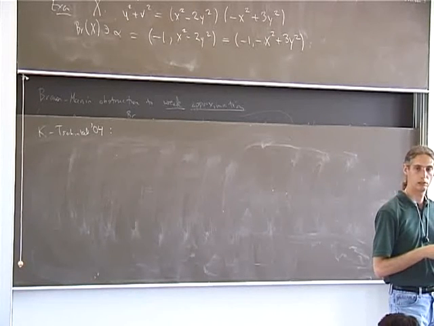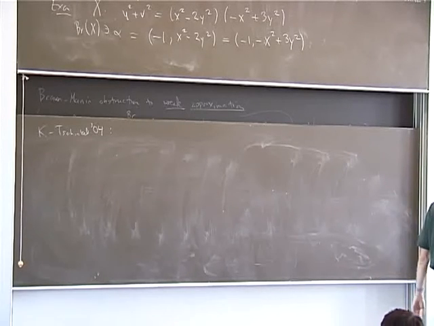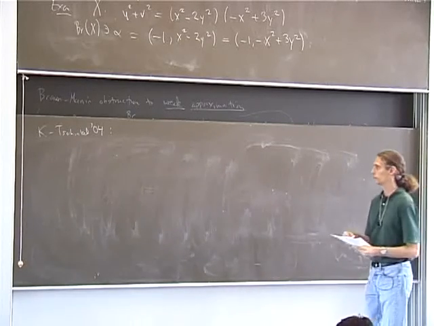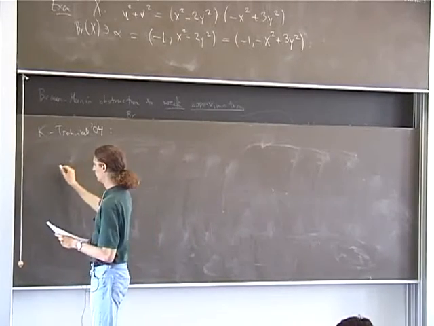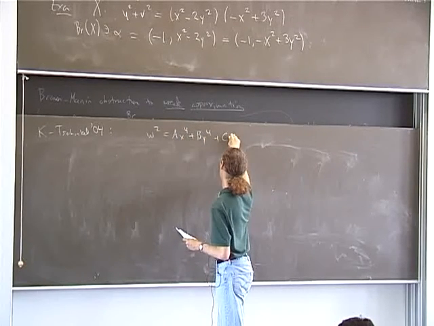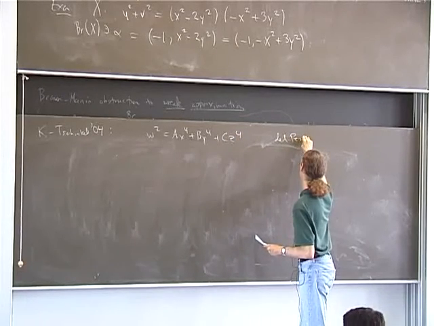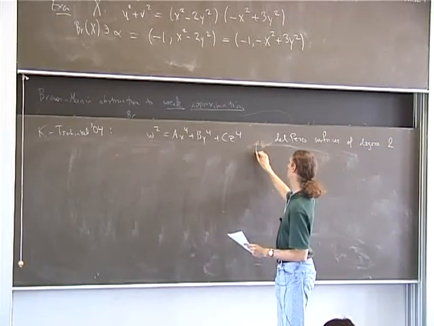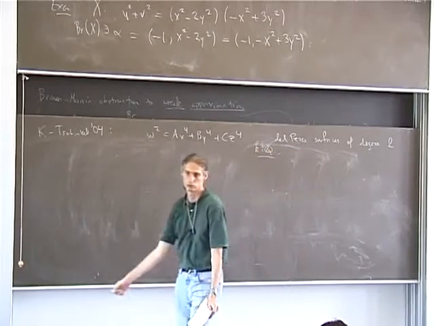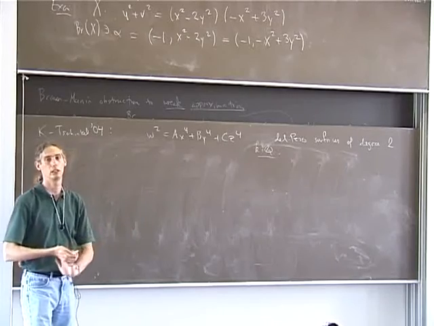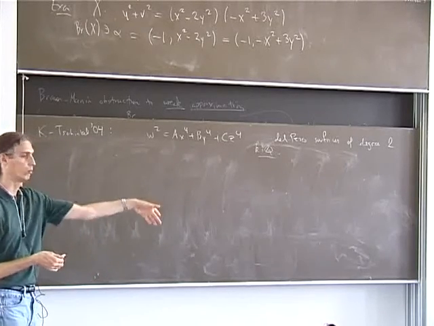Remember we were talking about the del Pezzo surfaces, and in this case K is Q. So what I'll do now is give the detail of how the analysis worked in one example.